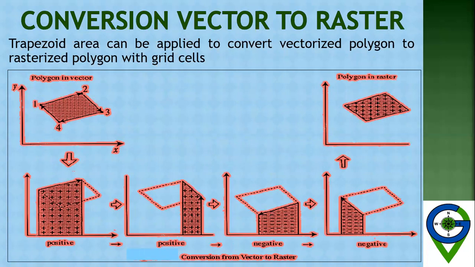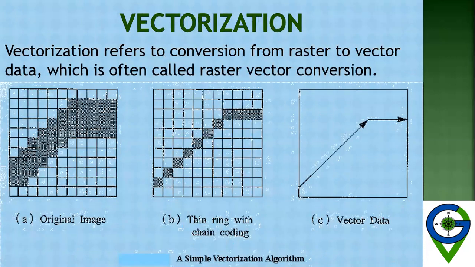Then conversion from vector to raster. A trapezoid area method can be applied to convert a vectorized polygon to a rasterized polygon with grid cells. So this is how the conversion from vector to raster takes place. Then vectorization. Vectorization refers to conversion from raster to vector data, which is often called raster-vector conversion.